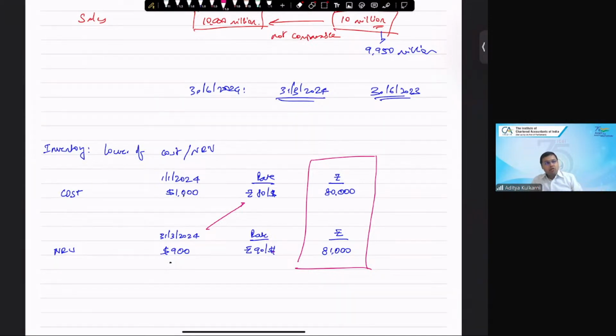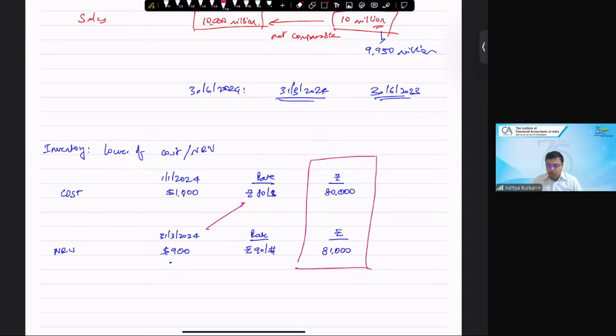So even if I go for an immediate sale of this inventory, I will definitely pocket 81,000 rupees. Is there anything wrong in this understanding? No sir, there is nothing wrong in this understanding.